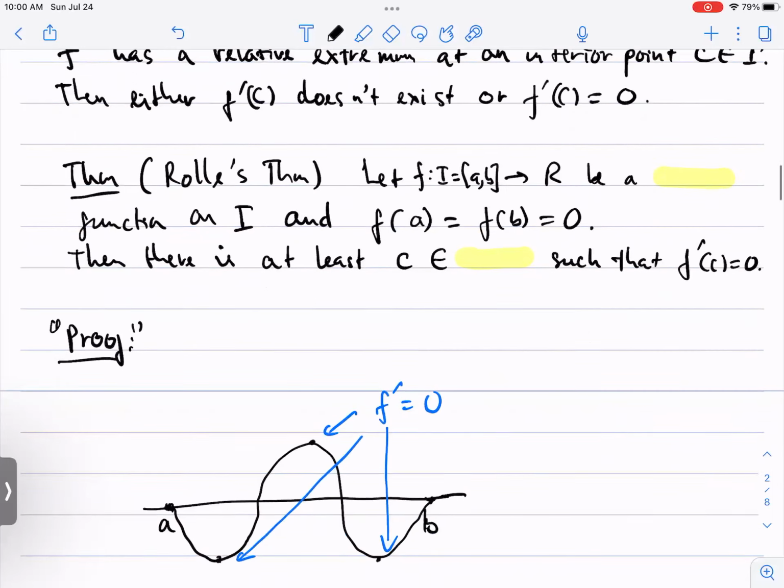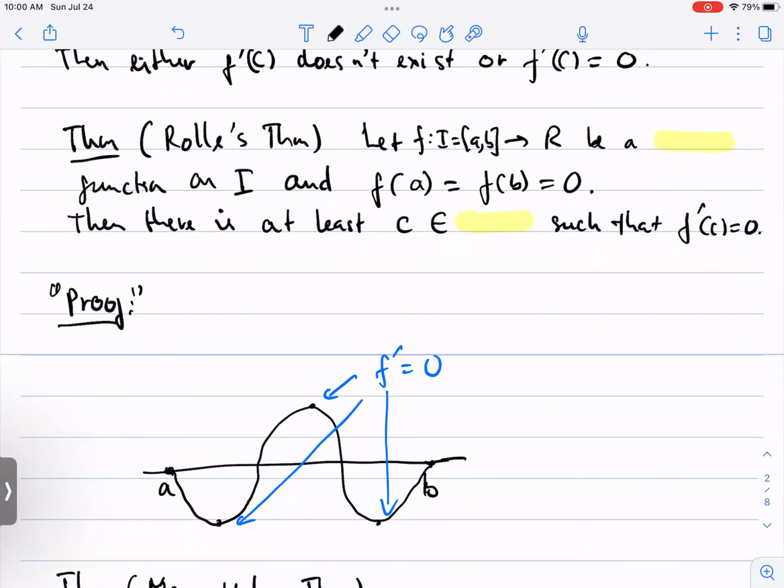Now, another consequence is called Rolle's theorem. Let f be a function from some interval I, from A to B, to the set of all real numbers, be a differentiable function on I and f(A) equal f(B) equal 0.